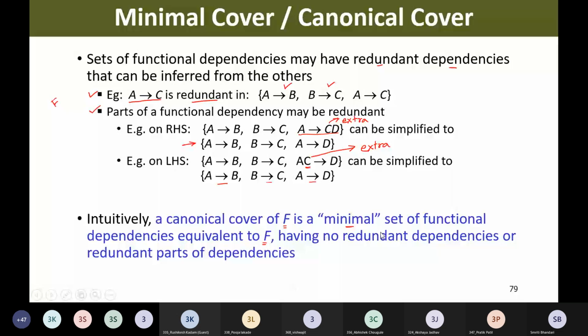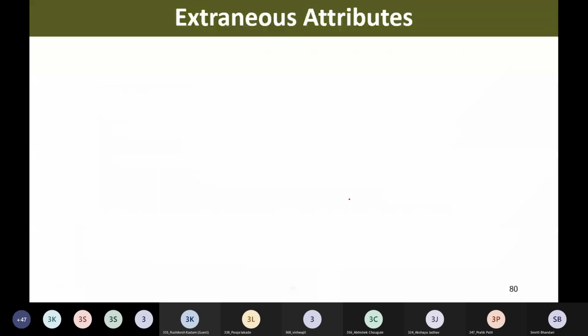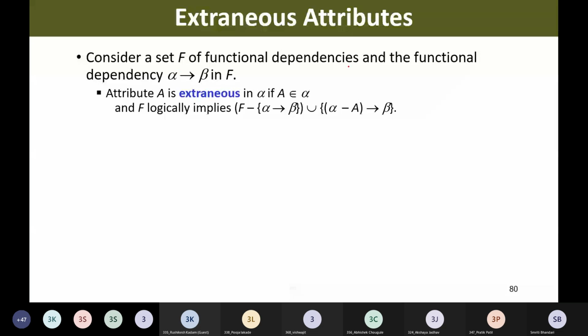So let's proceed now with the concept of extraneous attribute. Consider a set F of functional dependencies, and the functional dependency alpha to beta exists in F. So we have a set of functional dependencies F, and one dependency, alpha determining beta. Now, attribute A is extraneous in alpha, that is, the left hand side of the functional dependency.